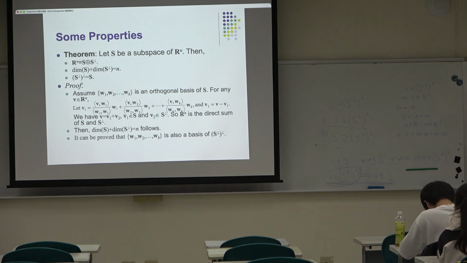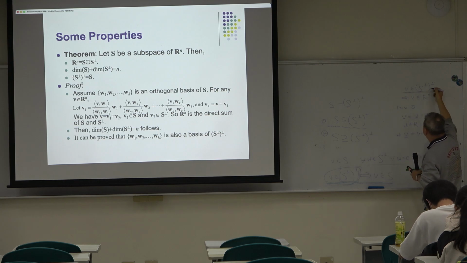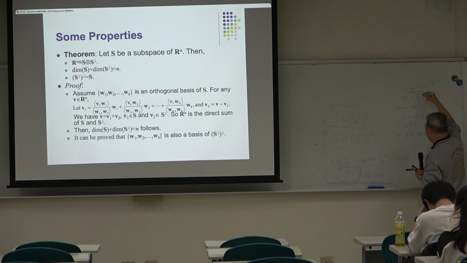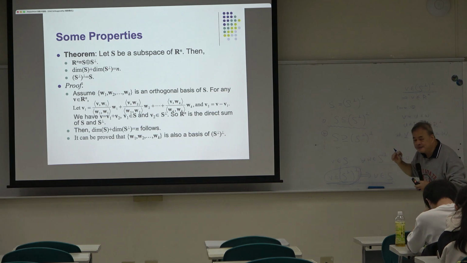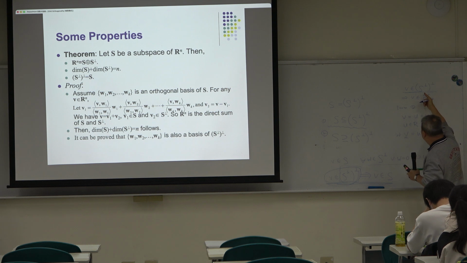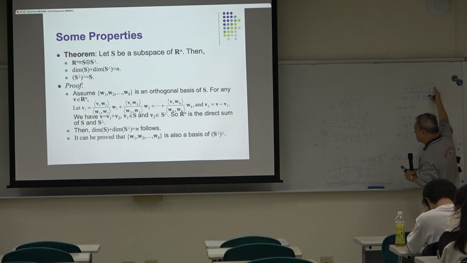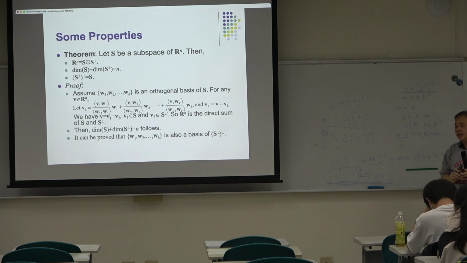First, this V comes from S plus S orthogonal. So W comes from S orthogonal, so the element in S orthogonal must be orthogonal to S, any element. So this one is zero, right?